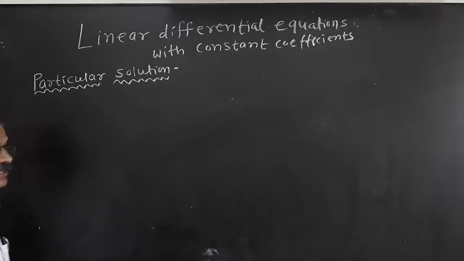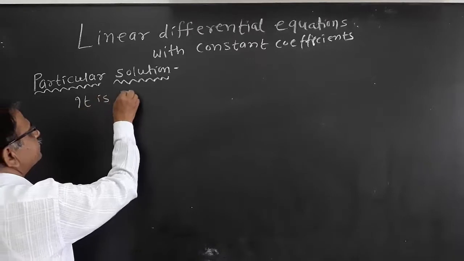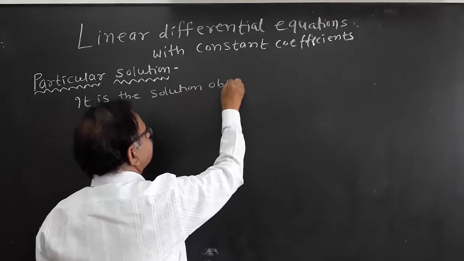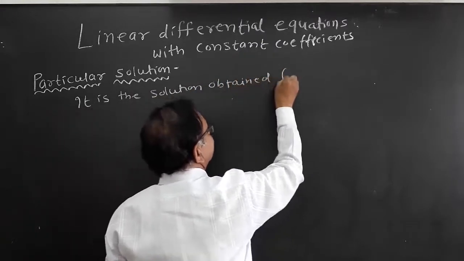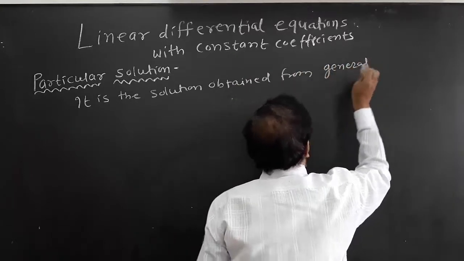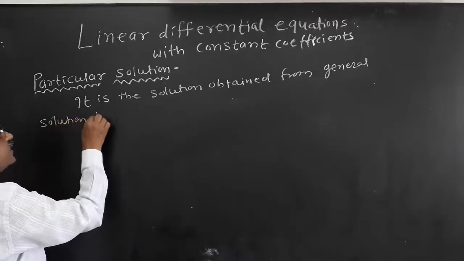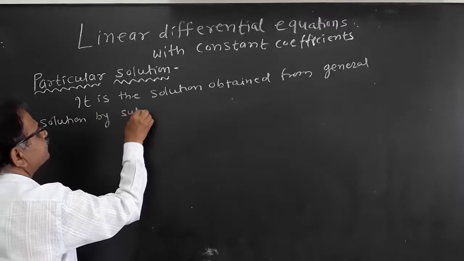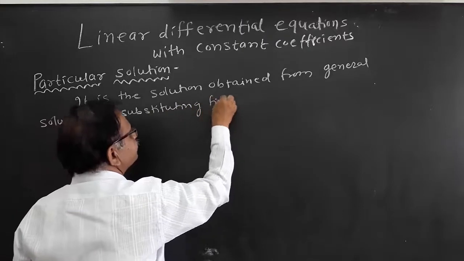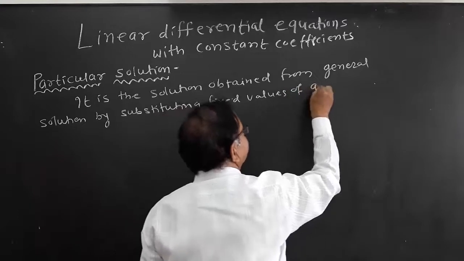The particular solution is the solution obtained from the general solution by substituting fixed values of arbitrary constants.